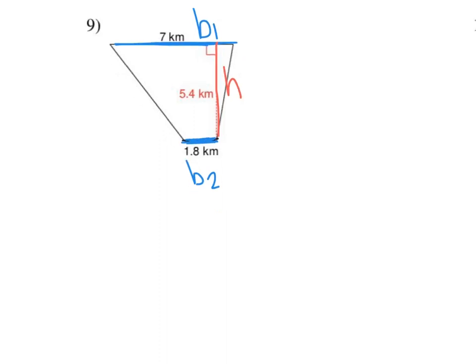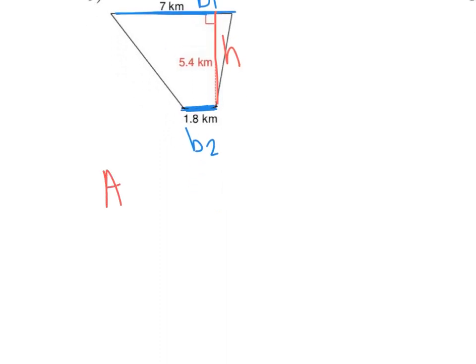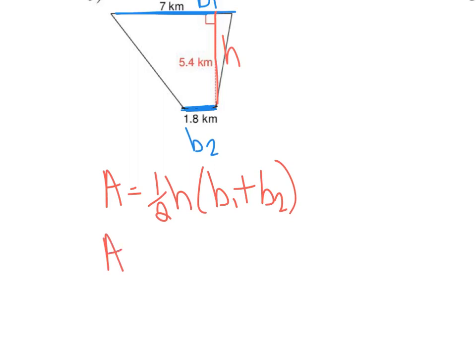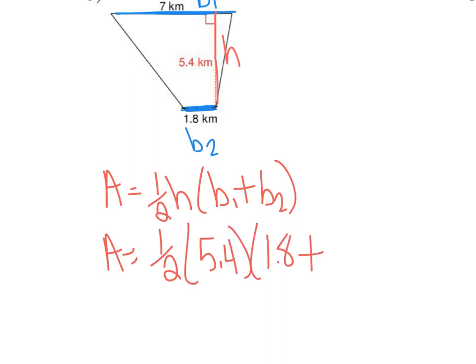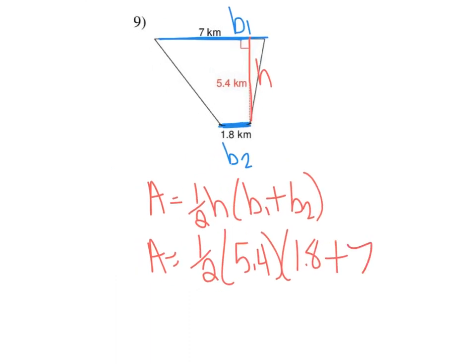Okay, so let's remember our formula. Area equals 1/2 the height times the sum of our bases. So we're going to add our bases together, and then we just substitute the numbers that we know. We have 1/2 times our height, which was 5.4, and our bases are 1.8 and 7.